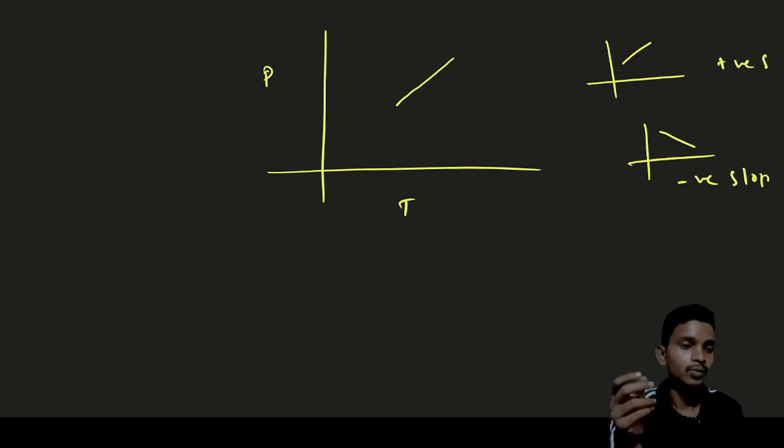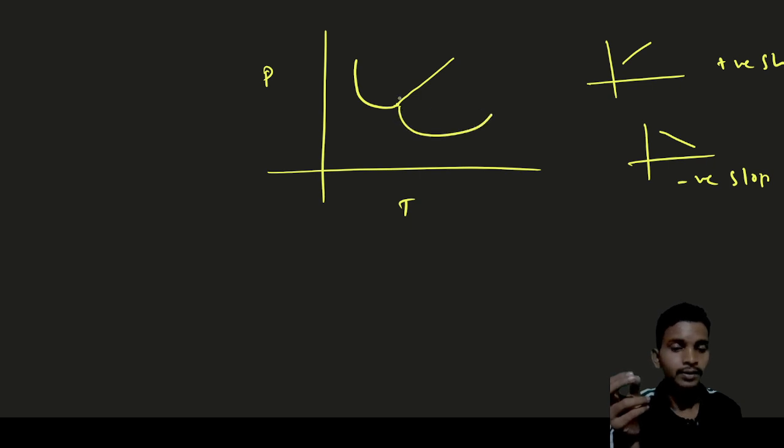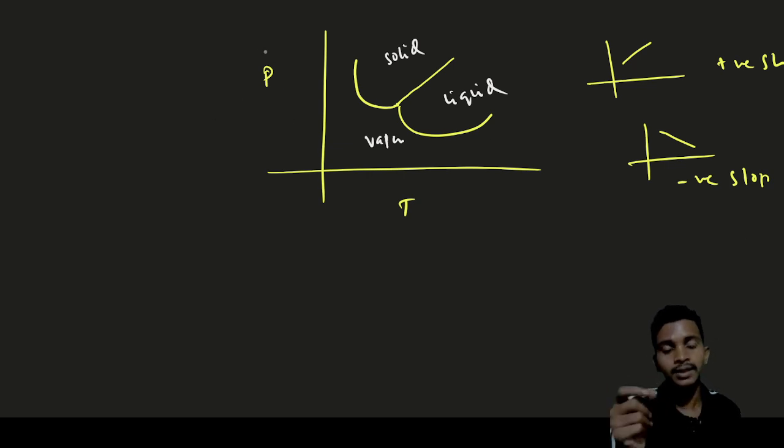This is positive slope. Okay, so now what I will do is draw like this. This below area is the vapor area, this is the solid area, and this is the liquid area. Similar to what we explained about water, similar things, just the slope changes.